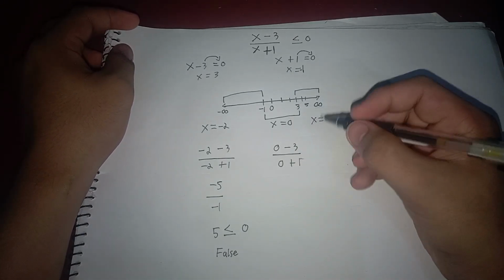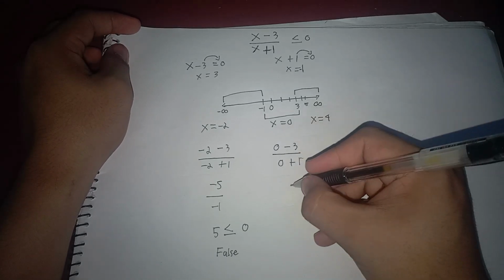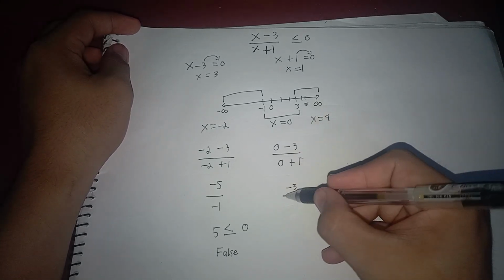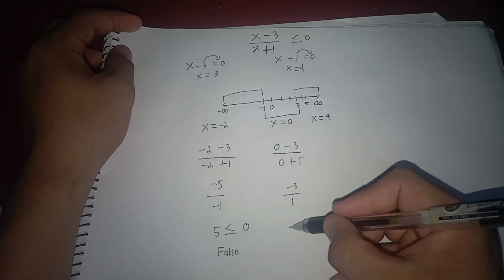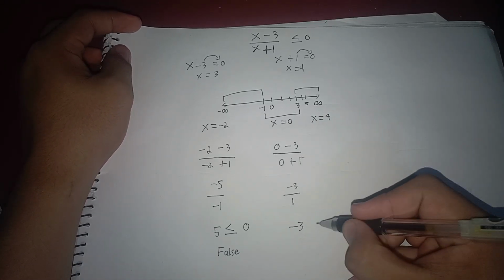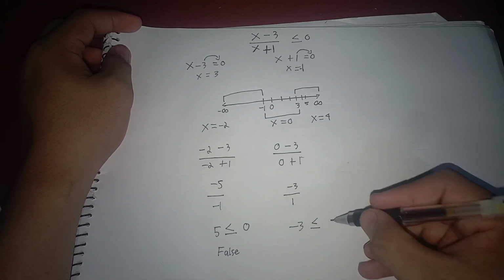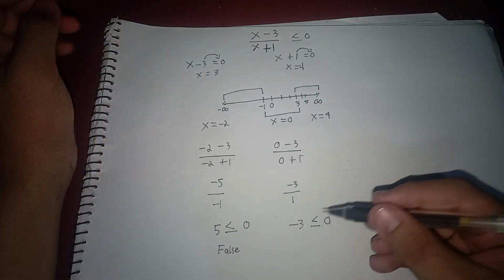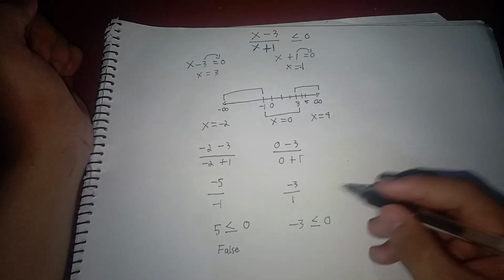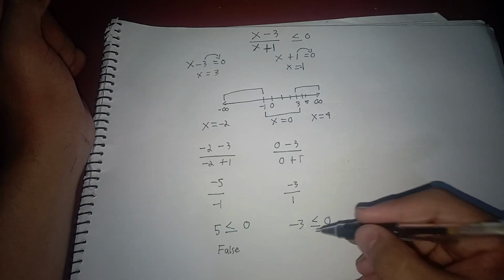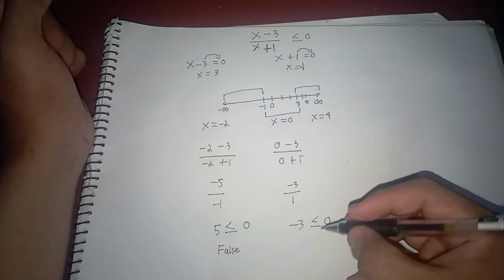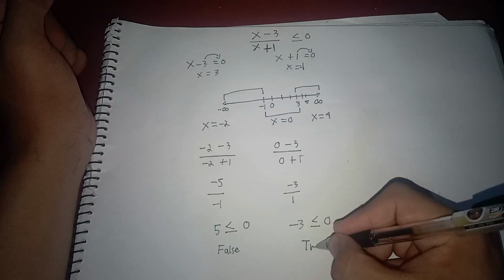Now let's solve this. Negative 3 over 1. Negative 3 divided by 1 is negative 3. We're just gonna do the same: is negative 3 equal to or less than 0? It's negative, so it is less than 0. So this is true.